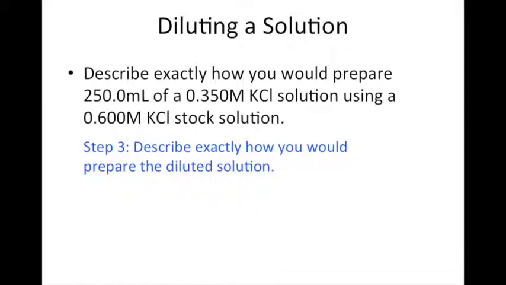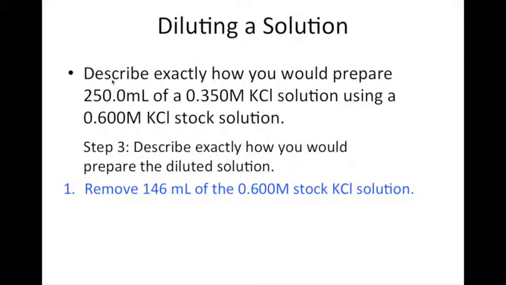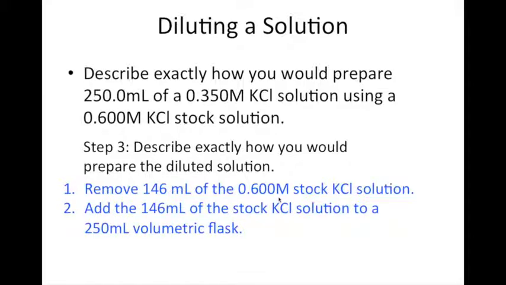So that's not our final answer. The question says describe exactly how we would prepare the solution. So we need to write a few sentences describing how we would prepare this diluted solution. The first thing, we would remove V1, which is 146 milliliters. So we remove 146 milliliters of our stock solution, and we would add that to a volumetric flask.